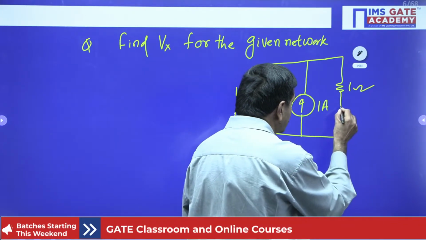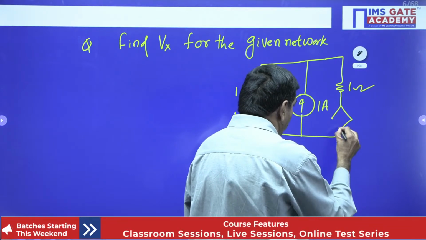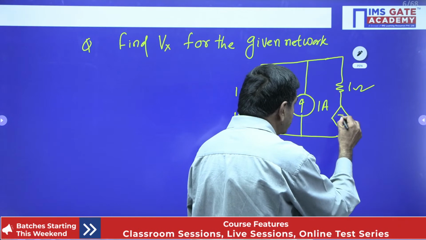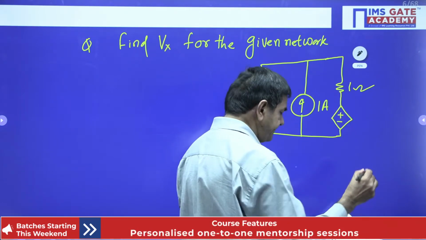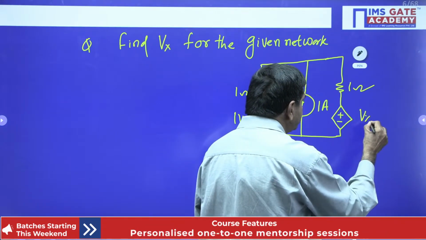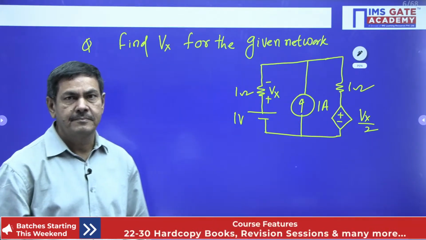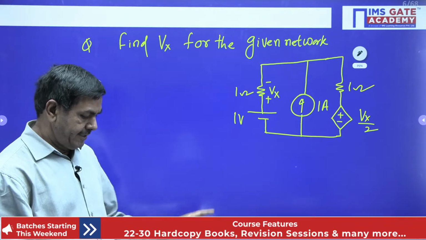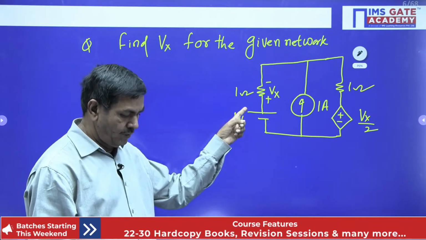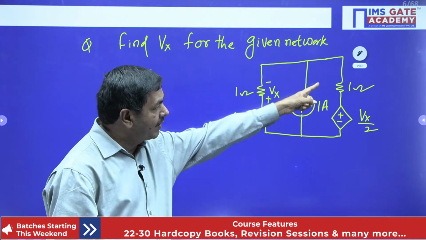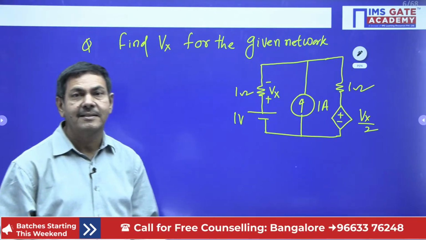And one dependent source is given, a voltage source, plus minus Vx by 2. Let me check the values once again: 1 volt, 1 ohm, current 1 ampere, 1 ohm, Vx by 2. Yes, this is the given problem.